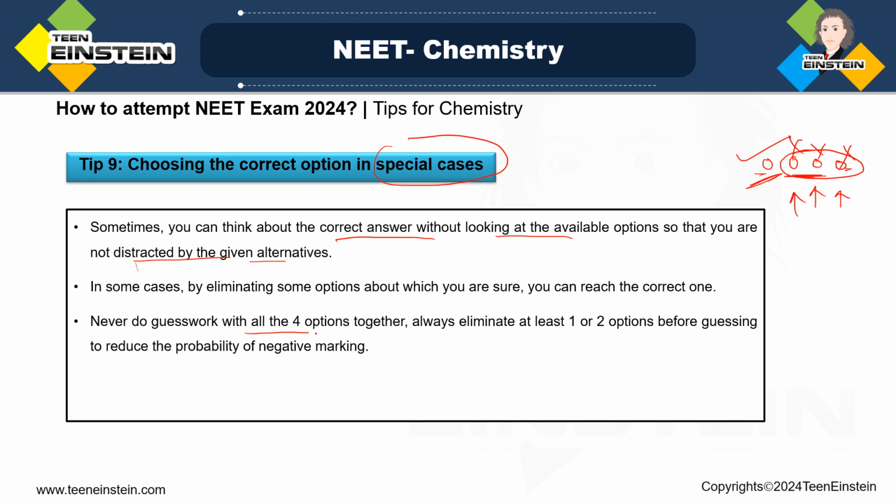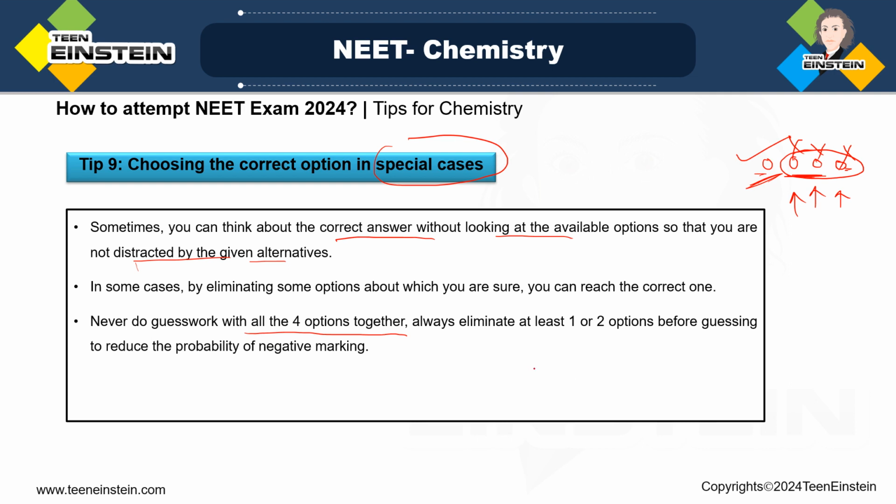Never do guesswork with all 4 options together. Sometimes you are tempted to do guesswork, but don't try it when you are not sure about any of the options. Sometimes you know two options are not correct, then two options are left. Among these two you can take the chance of guessing, but guessing among all four options together is not a very good idea.